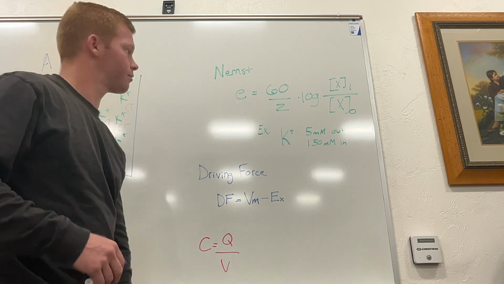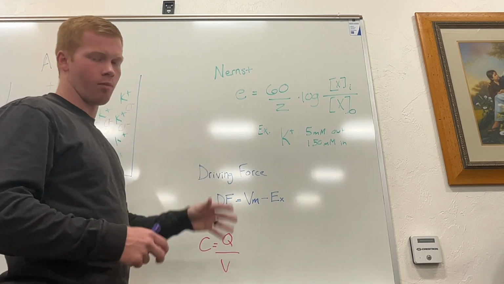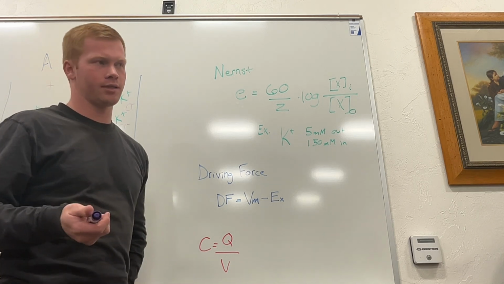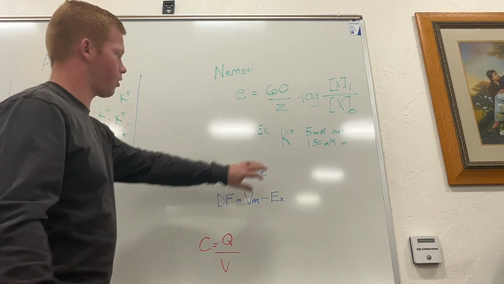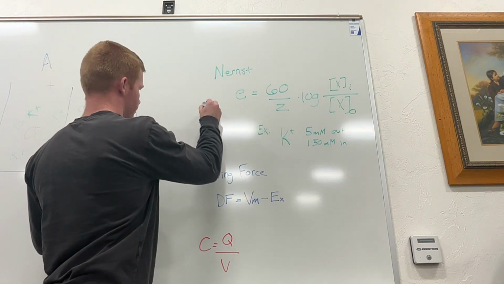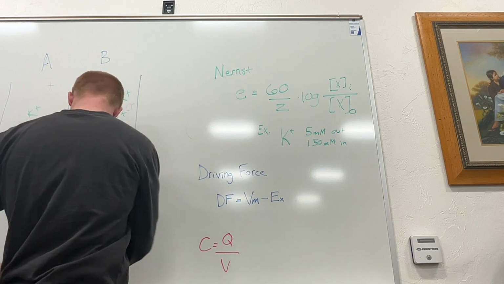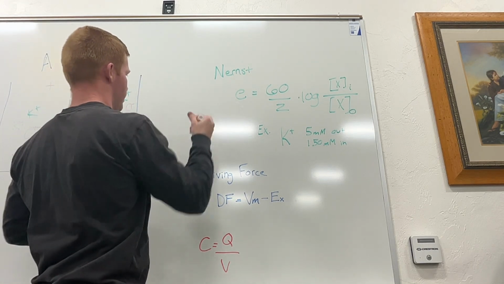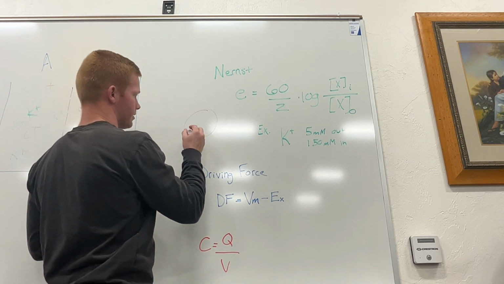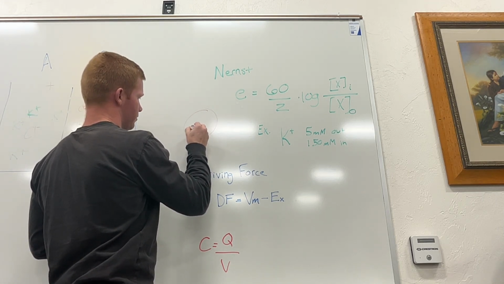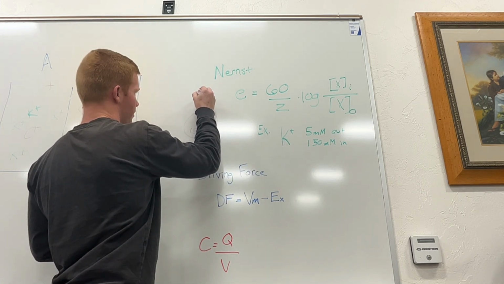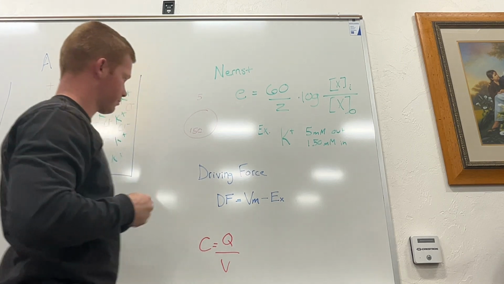At what point a certain molecule reaches its resting membrane potential. So for example, for potassium, it has 150 millimoles inside the cell and 5 outside the cell.